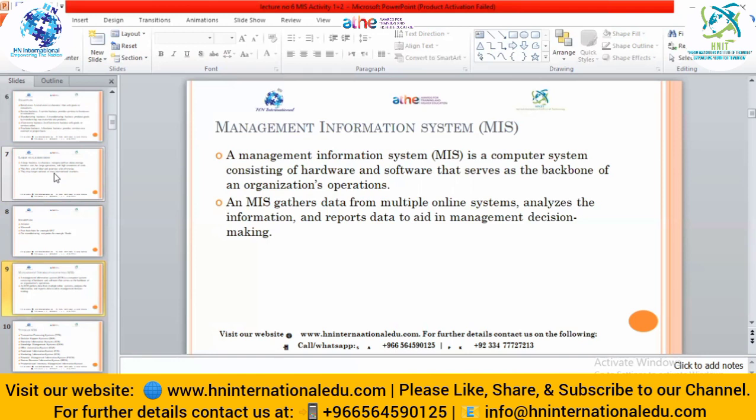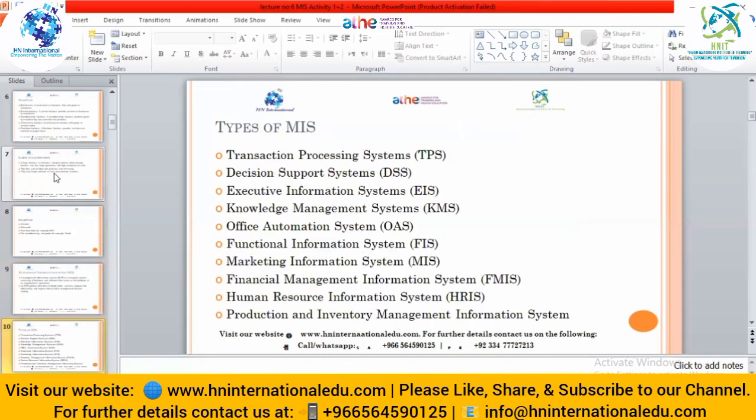We take the data from any online source or any physical source, then we analyze that data and convert it into information, and then we make reports by using that data. Those reports will help us to make decisions in a more effective way.